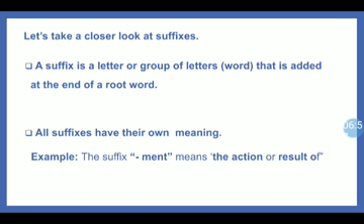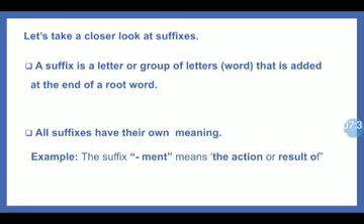Now, we are going to be taking a closer look at suffixes. So as was mentioned earlier, a suffix is a letter or group of letters or word that is added at the end of a root word. Now, all suffixes have their own meaning.